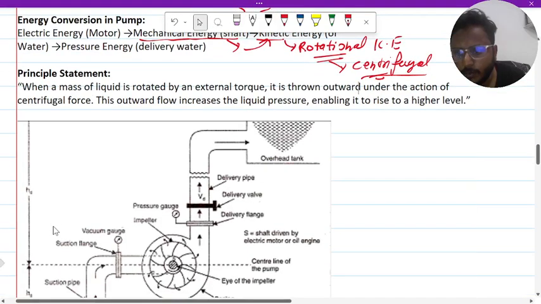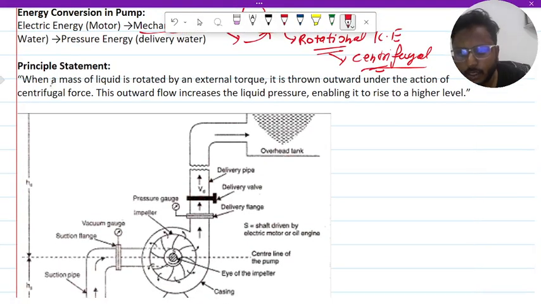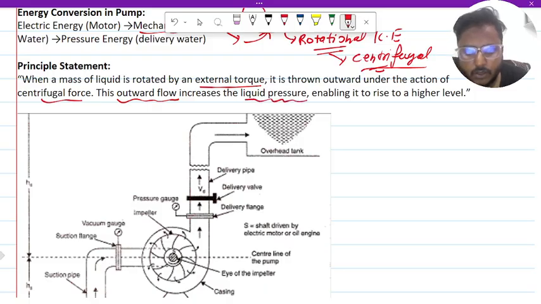What is the principle statement? We can write: when a mass of liquid is rotated by an external torque, it is thrown outward under the action of centrifugal force. This outward flow increases the liquid pressure at the wall of the pump.